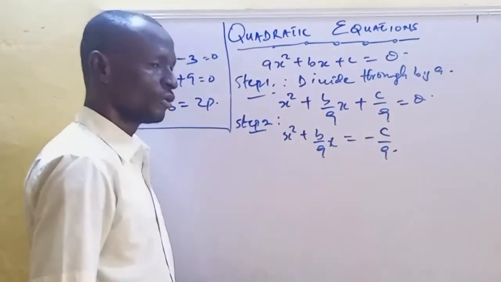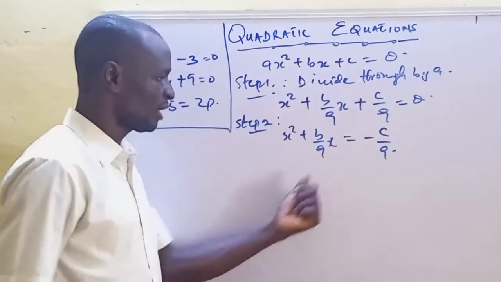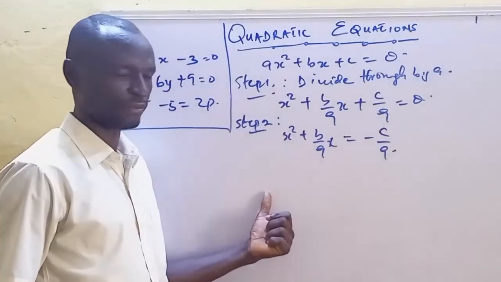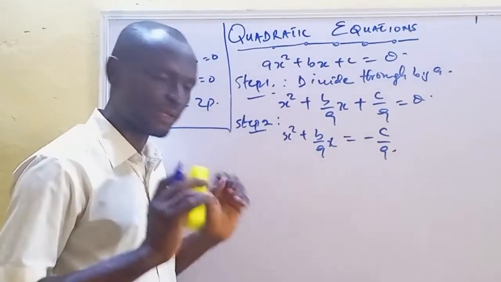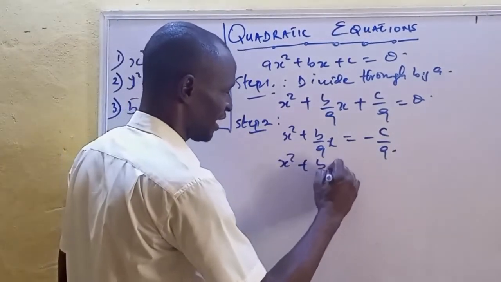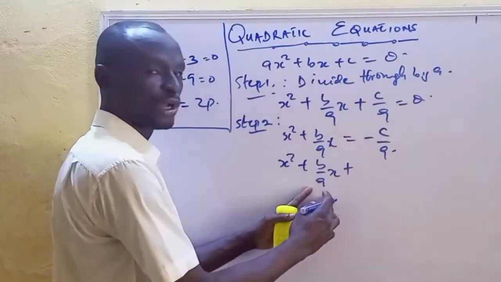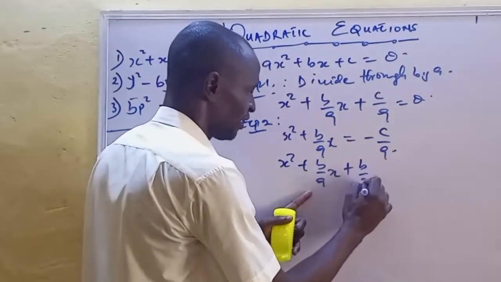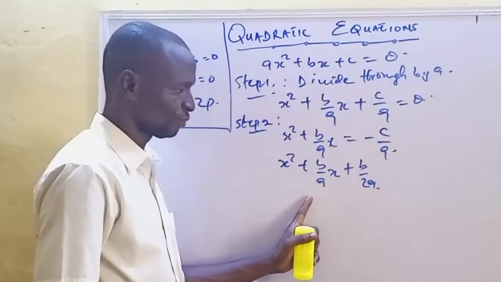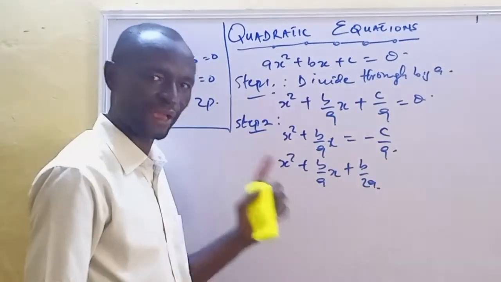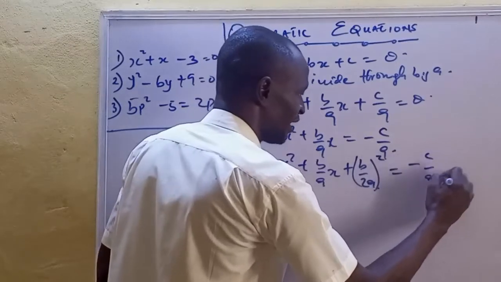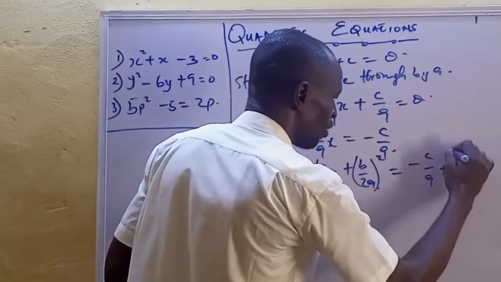Now, to complete the square, I'm going to half what I have here in the middle and add it to both sides. That makes the equation a perfect square, so that it becomes x squared plus b over a x plus half of what you have in the middle, b over 2a, because I'm halving it, I'm dividing it by 2, or I say I'm multiplying it by half, all squared, is equal to minus c over a plus b over 2a all squared.